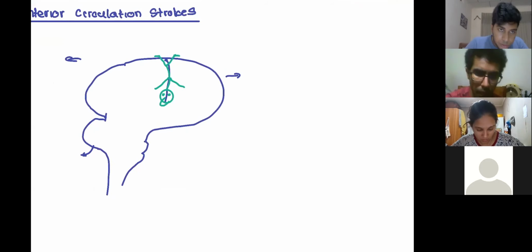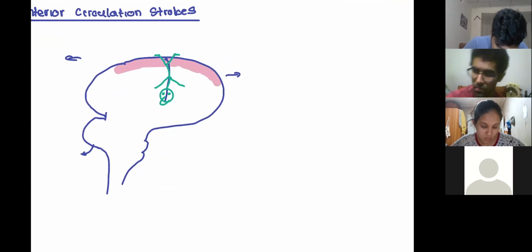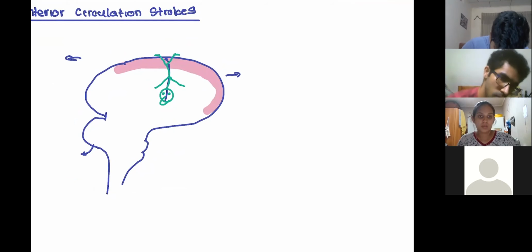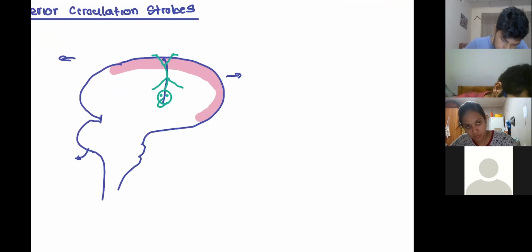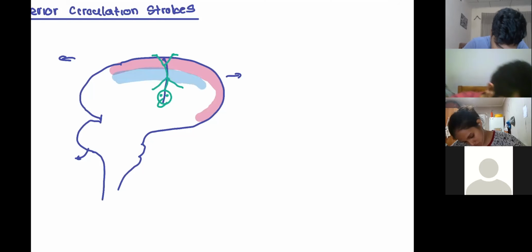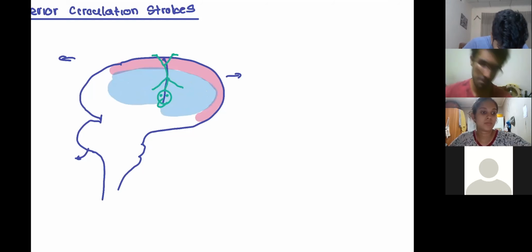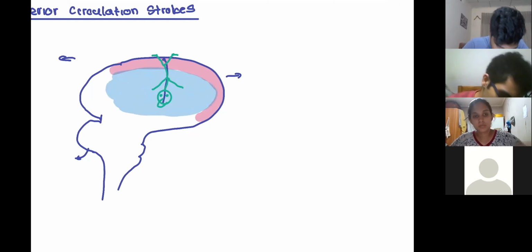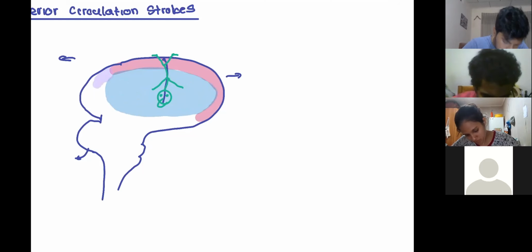Now, I need you to highlight certain areas. This area is supplied by the anterior cerebral artery. This area is supplied by the middle cerebral artery. Now we are looking at the brain from the side. We are learning to diagnose which artery is damaged in a way that does not involve doing extensive CT scans and everything.